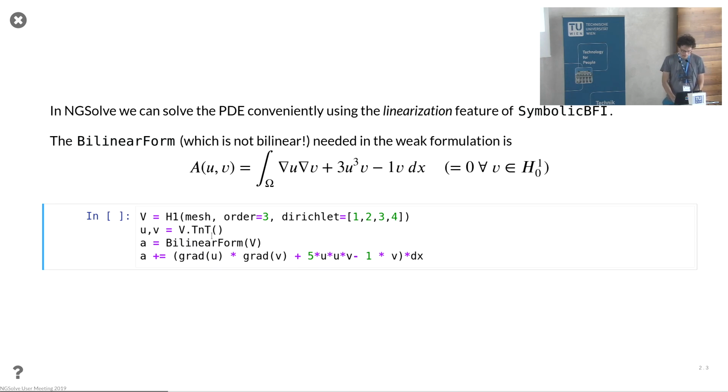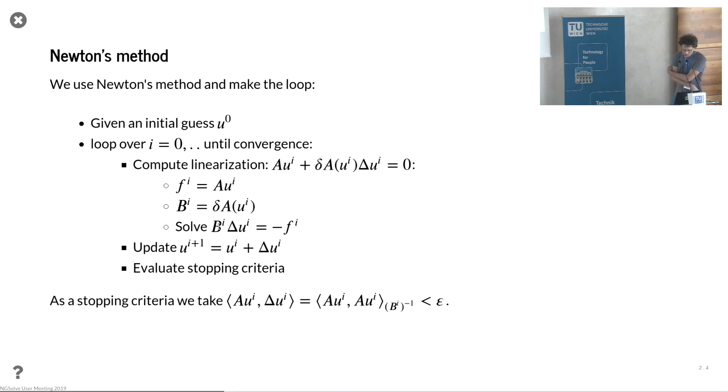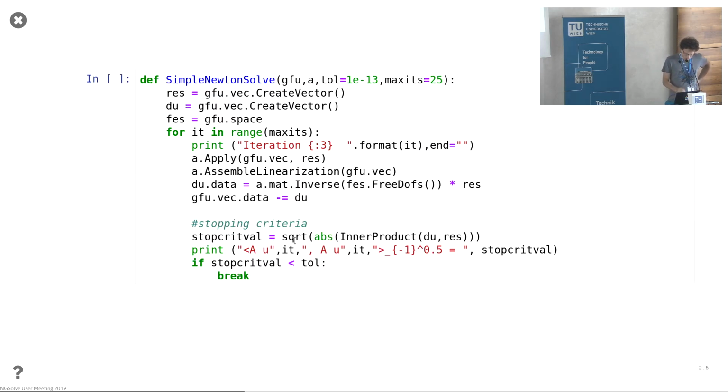Yeah, so you write down the bilinear form with that expression, and obviously it's not a linear part anymore. So we have to linearize, and we can apply Newton's method for that. So if you want to do that, then you compute a linearization and solve for the update of the linearization. So you all know Newton's method, I guess. So this is what we want to implement here.